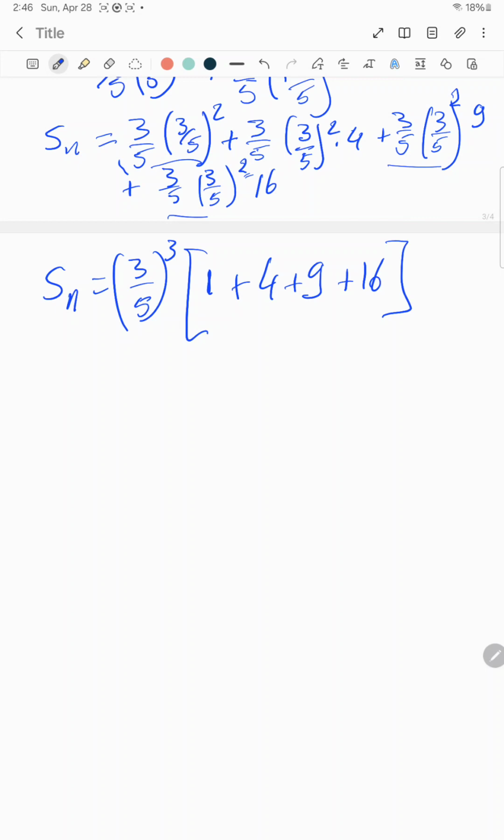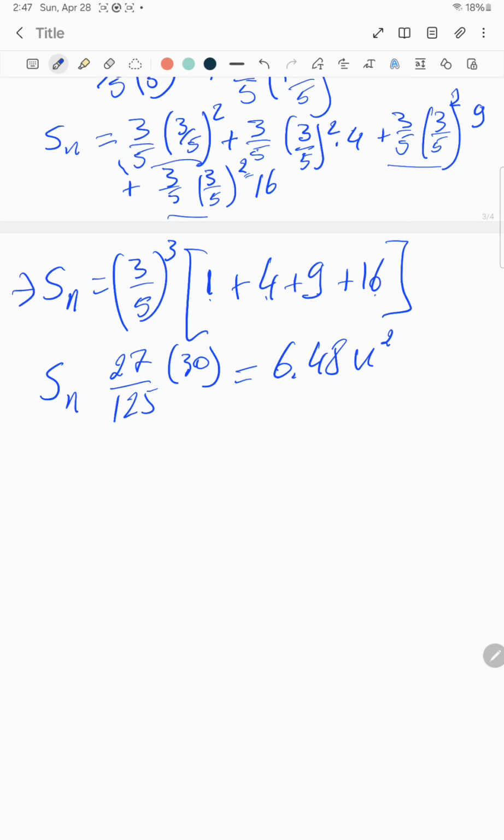Now, if I don't want to use my formula, I will show you how to use the formula. Anyway, if I add this, 1 plus 4 is 5, 9 plus 16 is 25, plus 5 is 30, so my Sn is 27 divided by 125 times 30, because 3 to the power of 3 is 27, and 5 to the power of 3 is 125. And if you do your calculation, it becomes 6.48 units square.